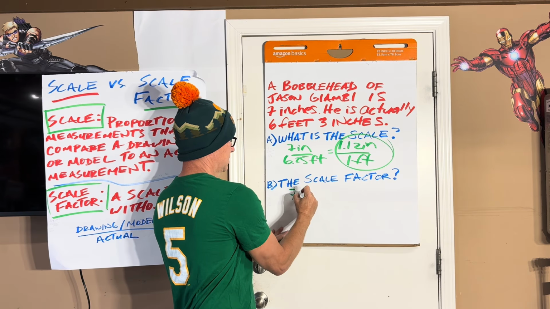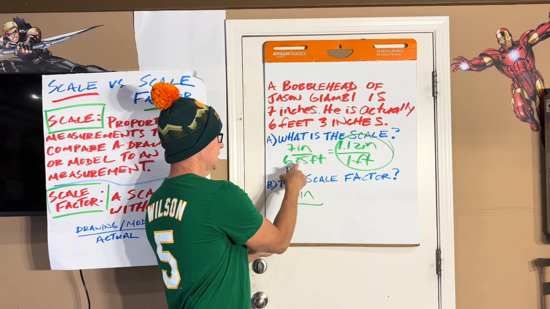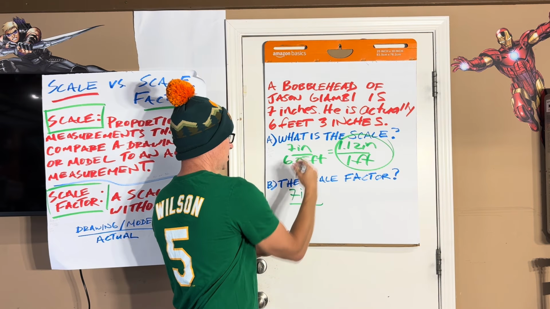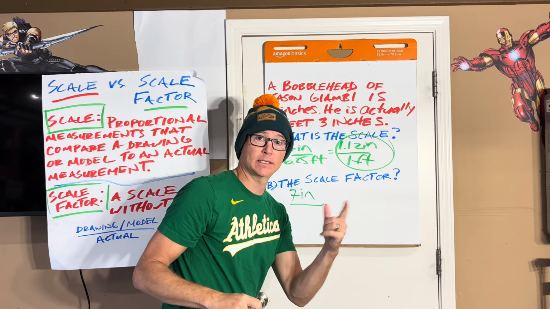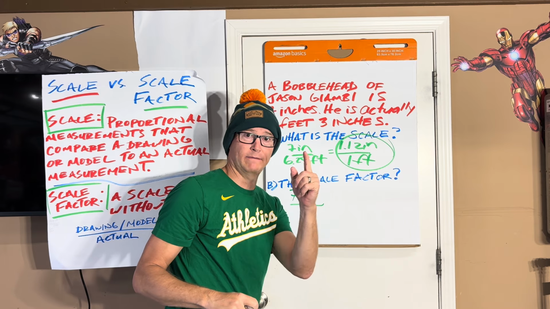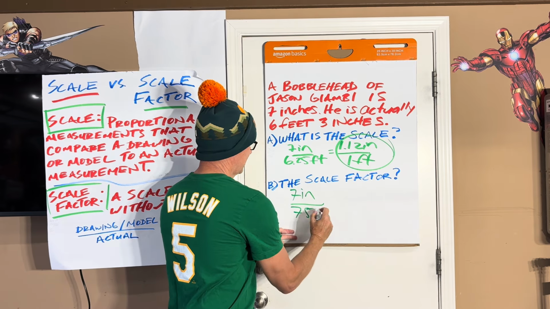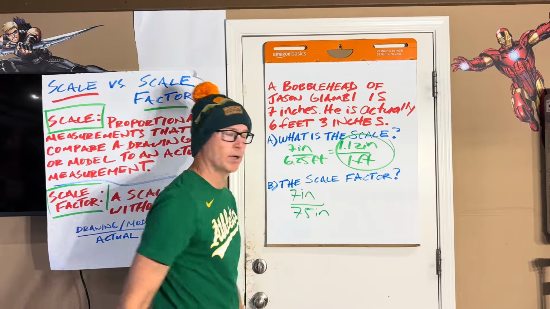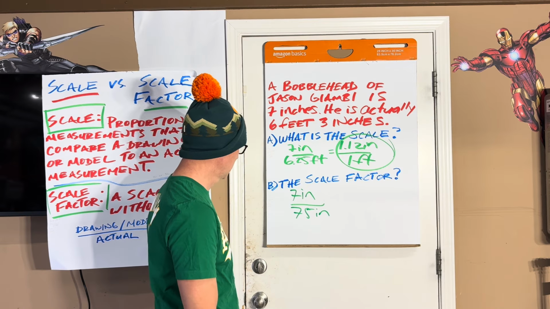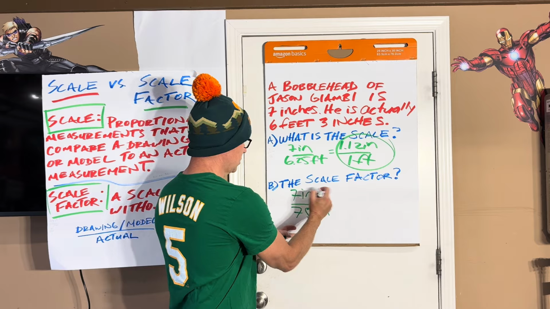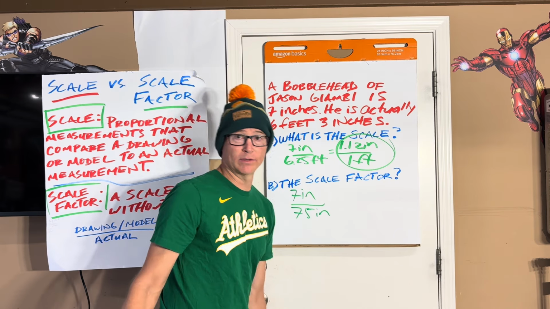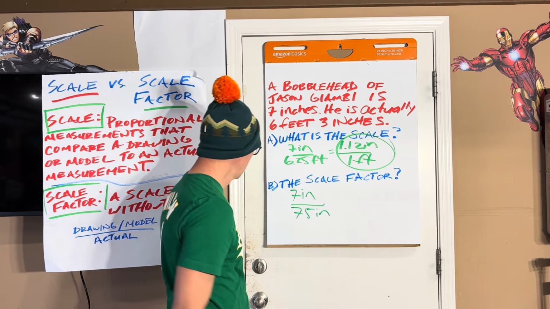So 7 inches stays the same. 6 feet 3 inches is how many inches? 6 times 12 is 72, plus 3 is 75. Now this is where I wish I could have got a prettier problem, but I didn't, so whatever. And then the inches go away. So 7 over 75 could be your scale factor.